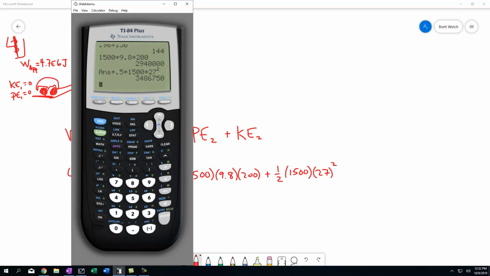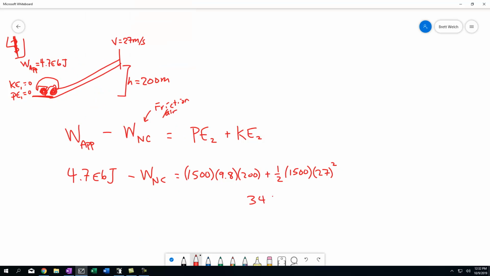That is not as big as my 4.7 E6. 3,486,750. If I have that number written right from my calculator. All right. This is what we ended up with in terms of our energy on the right.